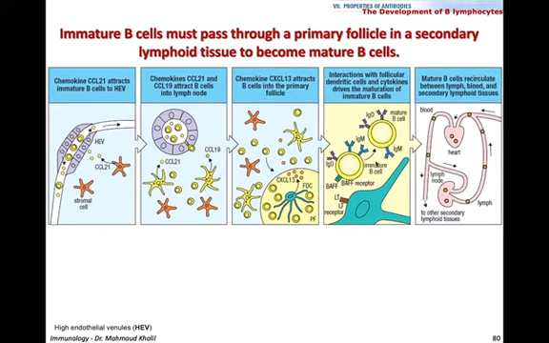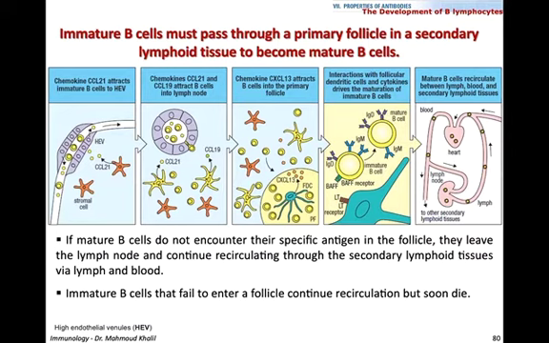In this case, these mature B cells will leave the lymph node and can recirculate between lymph, blood, and secondary lymphoid organs. And soon after that, they will differentiate into plasma cells and start to secrete specific antibodies toward the specific antigen.